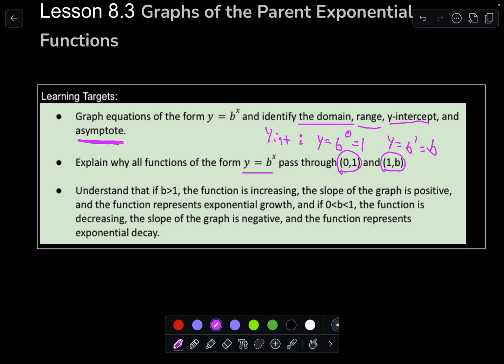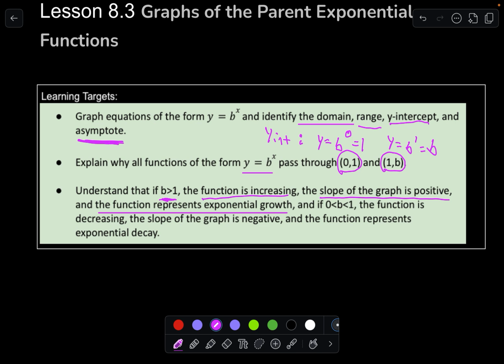Understand that if b is greater than 1, this is key too. If b is larger than 1, the function is increasing. The slope of the graph is positive. That's tied to the fact that the function's increasing. And the function represents exponential growth. And if b is less than 1 but greater than 0, b is positive.